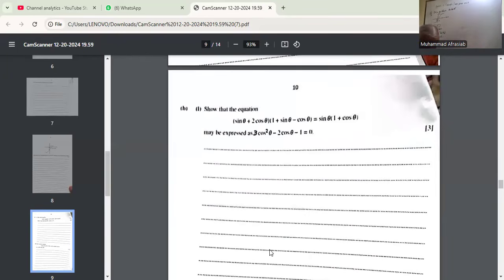Sine theta plus 2 cos theta into 1 plus sine theta minus cos theta is equal to sine theta into 1 plus cos theta.